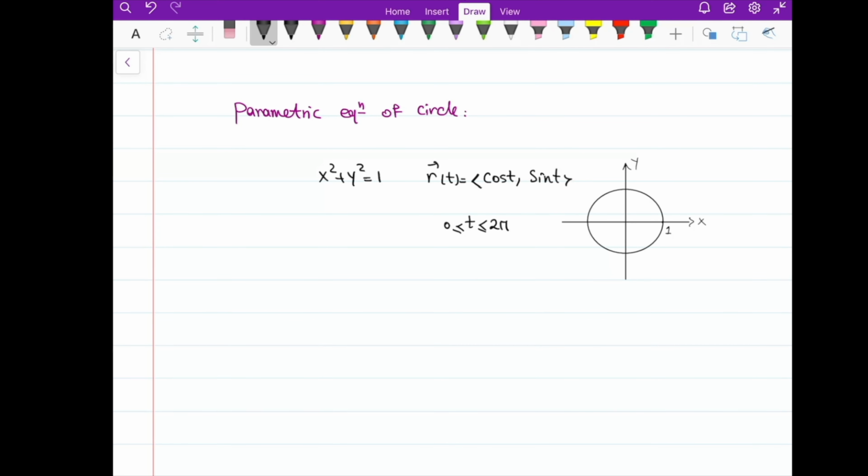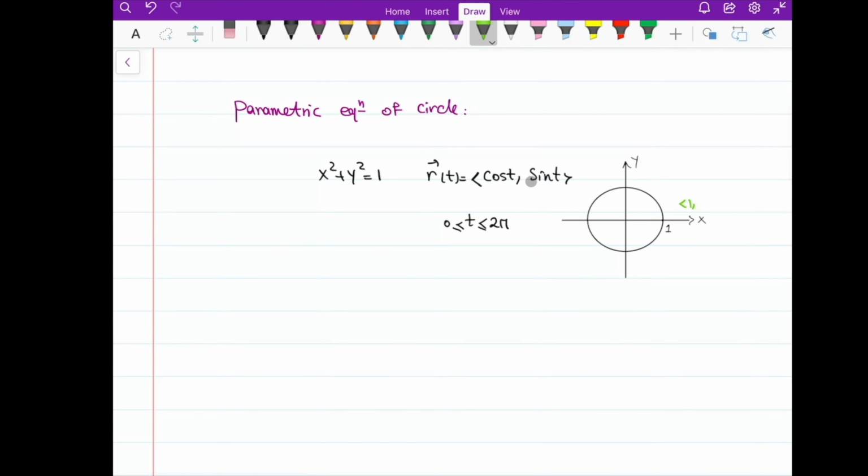And it makes sense. Why? Let's start from t equals 0. At t equals 0, I get cosine of 0, which is 1, and sine of 0, which is 0. So at t equals 0, I'm here.